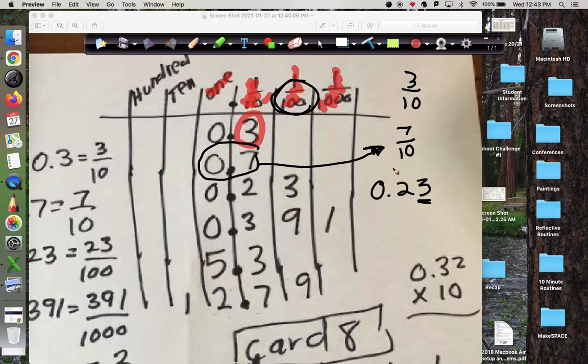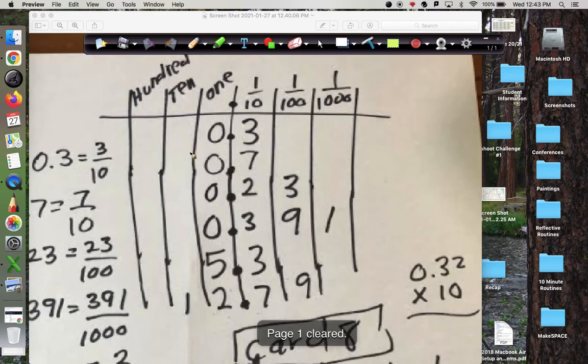So you say 23, and then you say hundredths. So that's 23 hundredths. And that's really what we did today, was change decimals to fractions by just saying them correctly. And then every once in a while, you're going to have to simplify one of them.